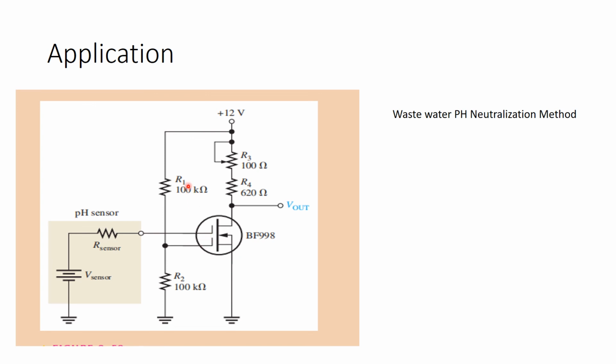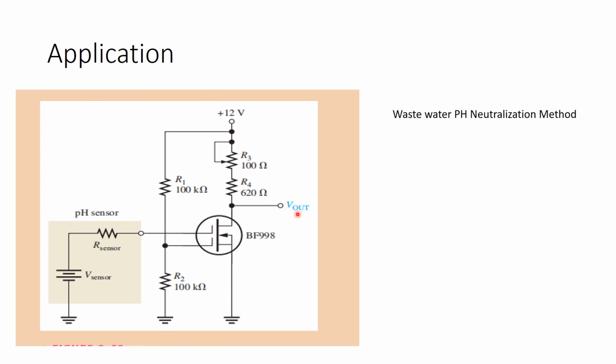At gate 2, the voltage divider network is applied, which decides the gate biasing for this voltage divider bias network. Here we can vary VDD, we can vary the drain voltage, and accordingly this VG will vary, and it will be compared with the gate voltage of the sensor, and it will define the output voltage.